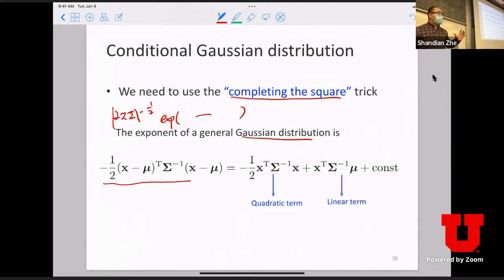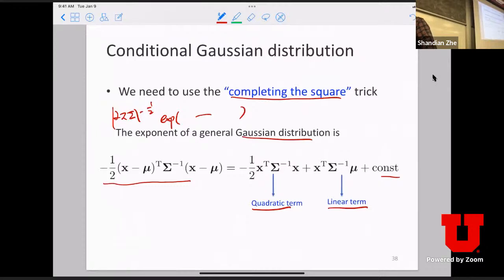If you look at those terms, you have only two terms regarding x: one is the quadratic term, the other is a linear term. The rest has nothing to do with x, so you can view it as a constant.